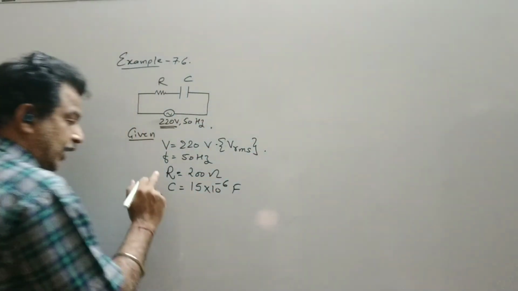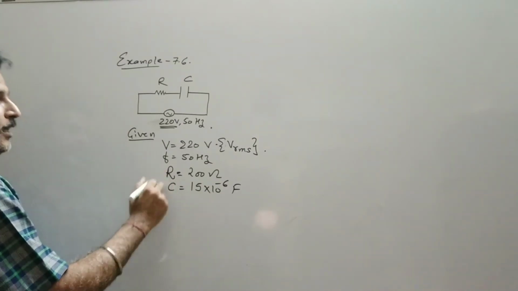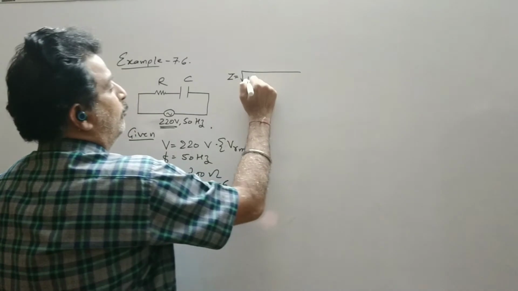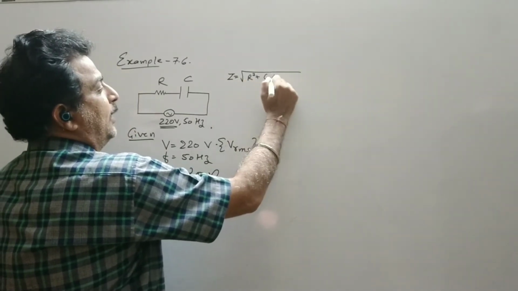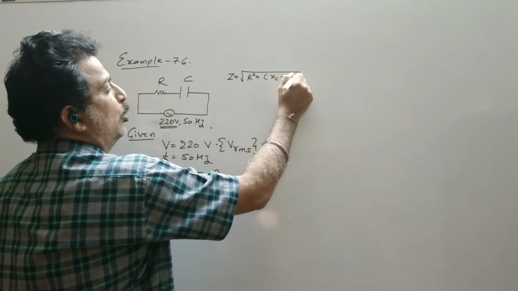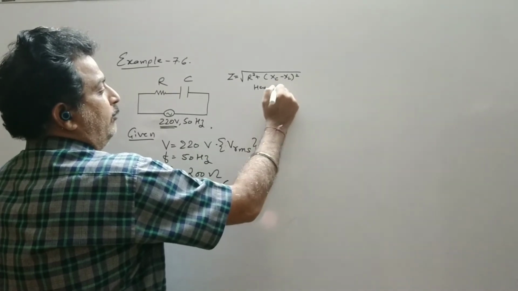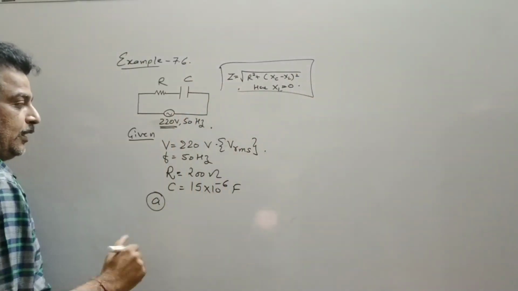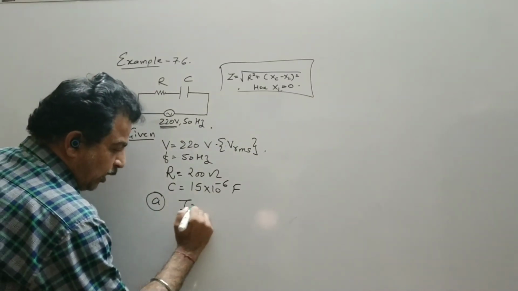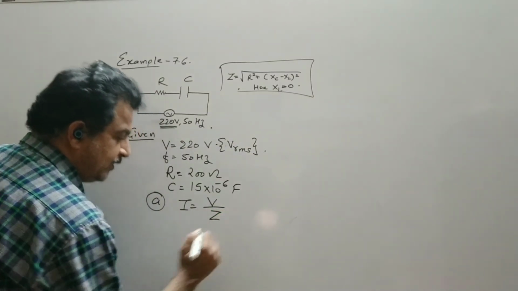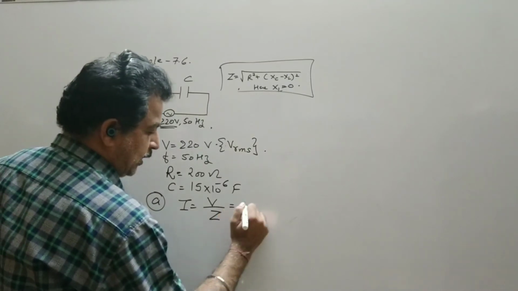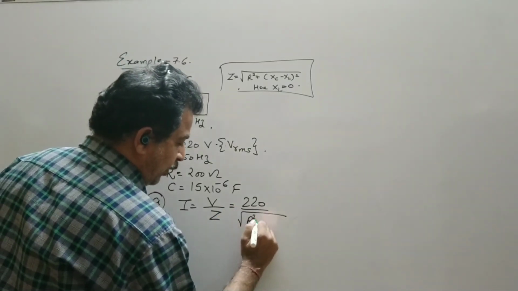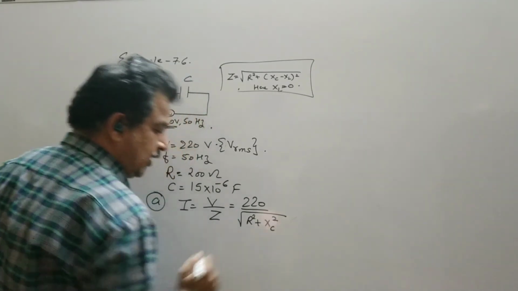So clearly, again, this is an RC circuit. So we have an impedance formula. The common formula was under root R square plus XC minus XL whole square. Now here we will take XL equal to 0 because it is an RC circuit. So I is equal to V upon Z, where Z is the impedance of the circuit. It becomes 220 divided by under root R square plus XC square.